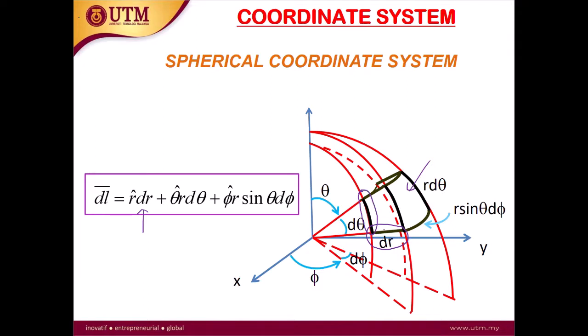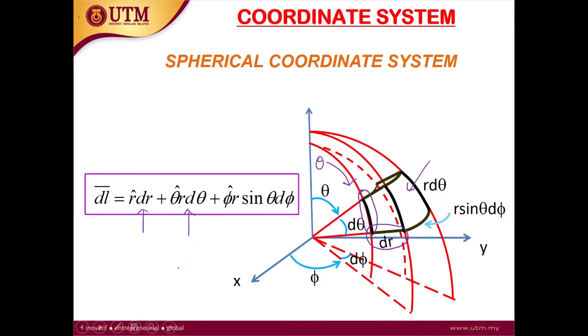How do we define the curve? The curve can be defined as r d theta, because it depends on the radius r and d theta, and the direction is along theta. That's why you have r d theta in the direction of theta.